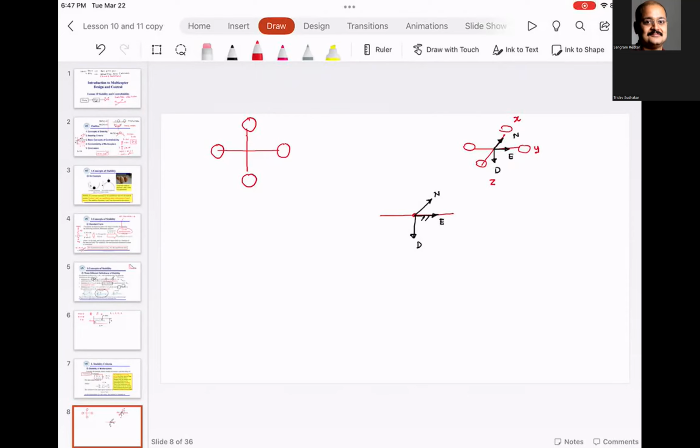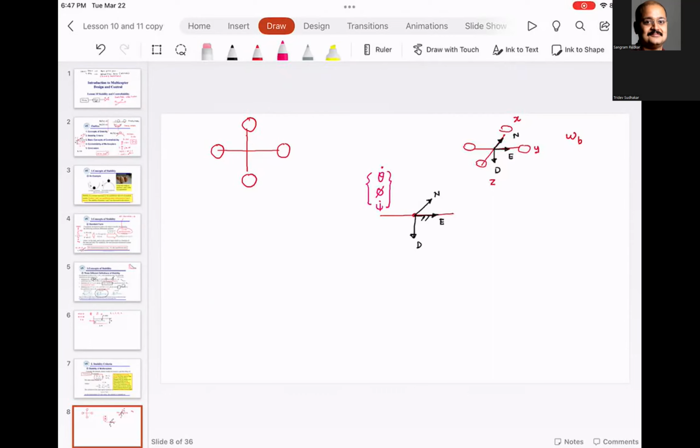There are two rates. One is the body rate, which is omega b, and there is the inertial rate, which is capital theta. I'm going to write this down as pitch rate, roll rate, and yaw rate.